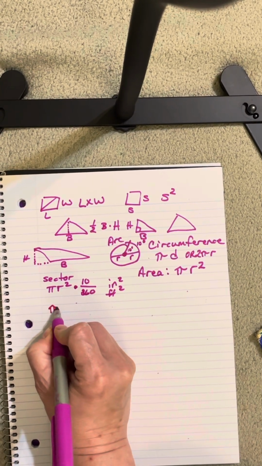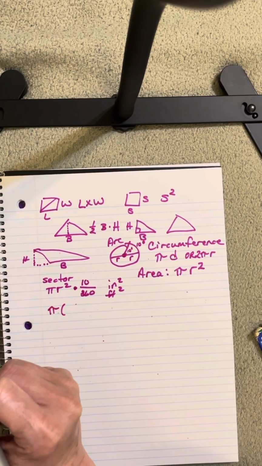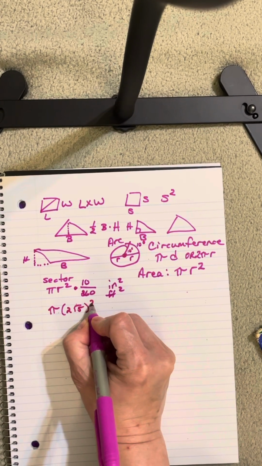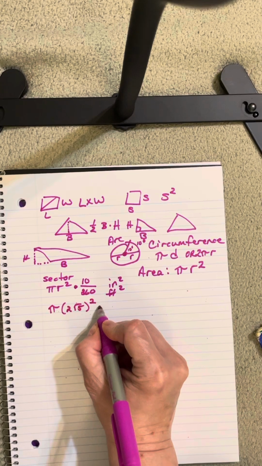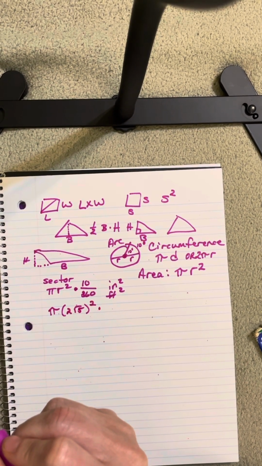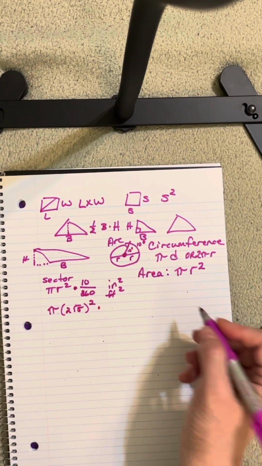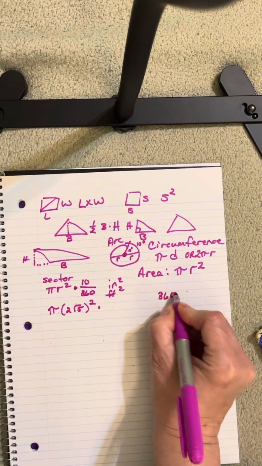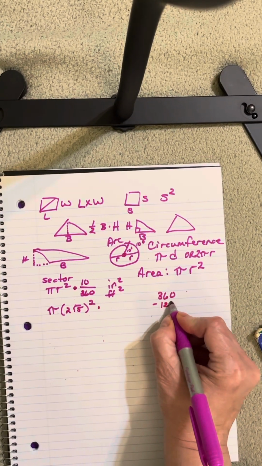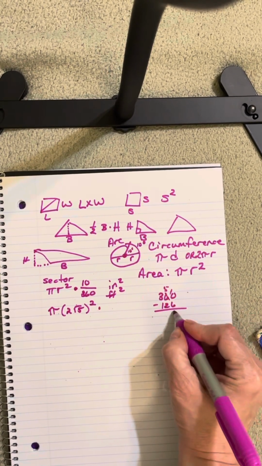So that is going to be pi times our radius squared, and it told us our radius was 2 root 5, or radical 5, and that needs to be squared. Then we need to reduce it down to only the amount of the circle it wants, and it wants the shaded region. So the unshaded is 126. We need to do 360 minus, because that's the whole circle, minus the 126. And again, faster on your calculator to do that.